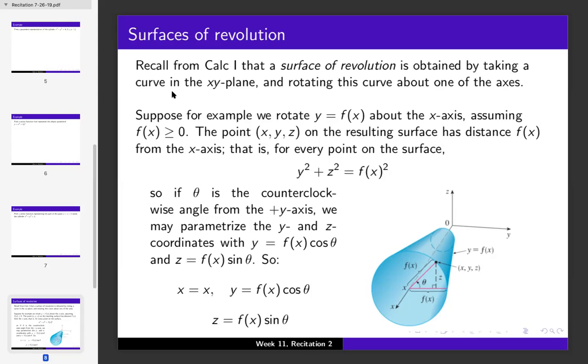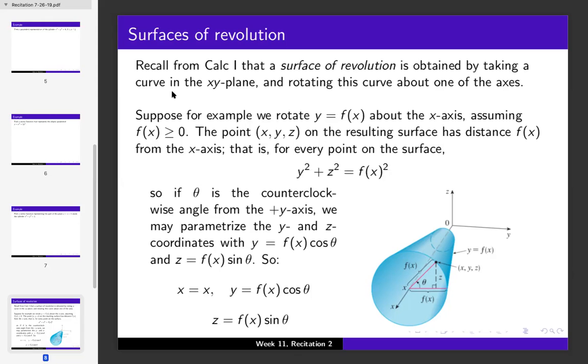On the other hand, if you want to parameterize that, well, y squared plus z squared is equal to something. The best way of doing that probably is to use sines and cosines. So you can say, for example, that y is f(x) cosine theta, and z equals f(x) sine theta. And what about x? Well, x is just x.